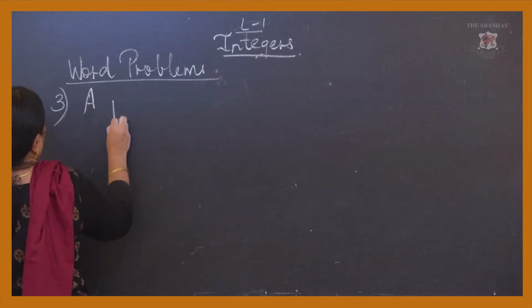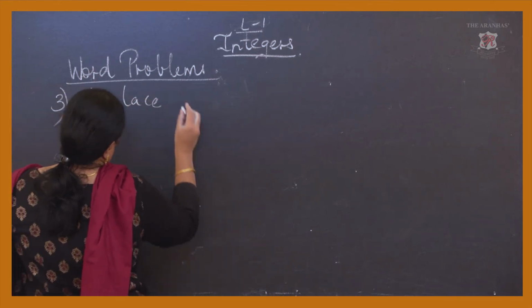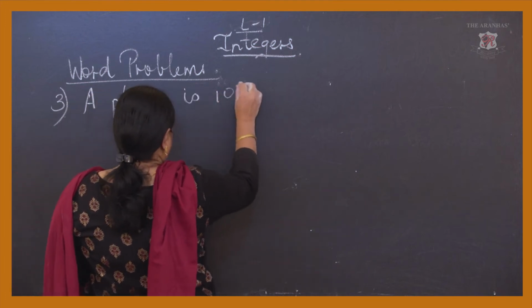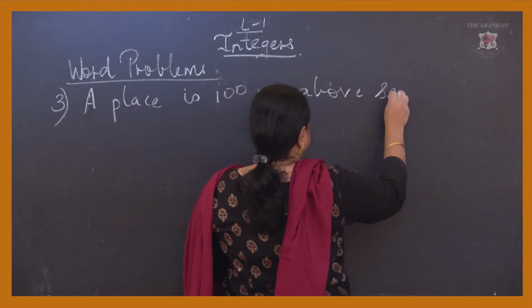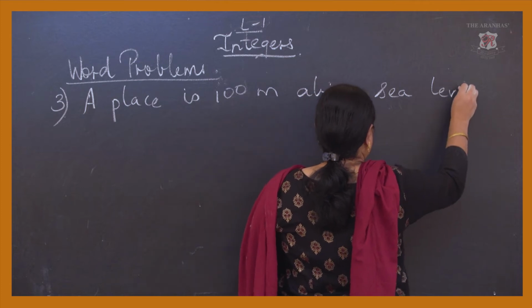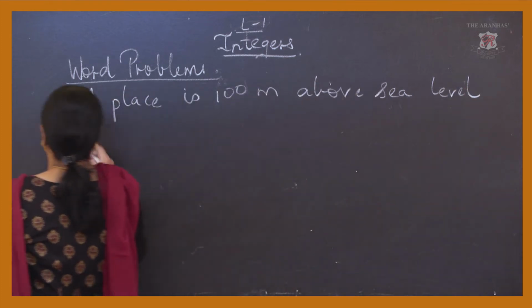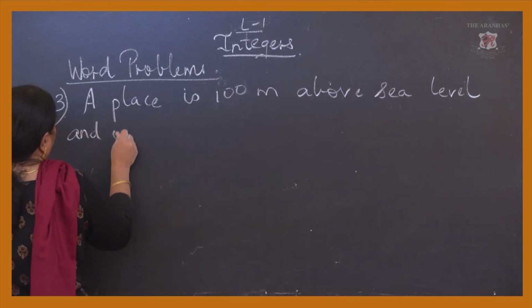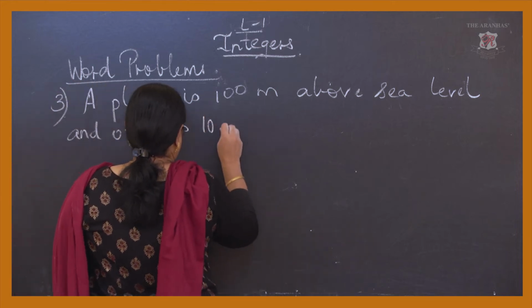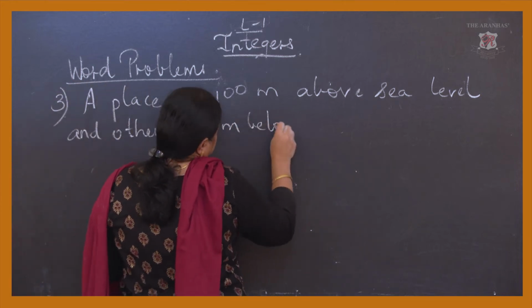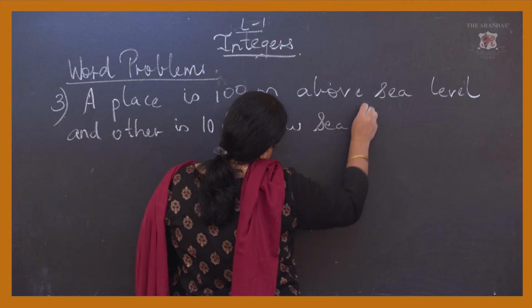Now, third word problem. A place is 100 meters above the sea level and another is 10 meters below the sea level.